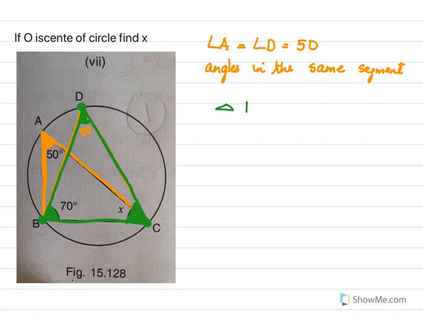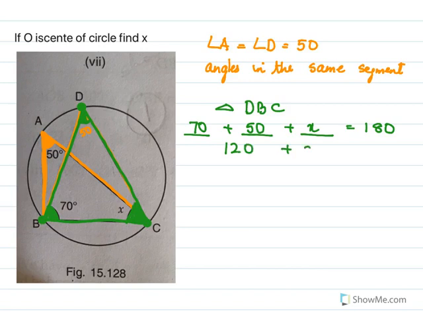So triangle DBC, three angles, 1, 2, 3, equal to 180, which means 70, 50 plus X, and 120 plus X, 180. So X is 180 minus 120, X is 60. So the answer, X is 60.